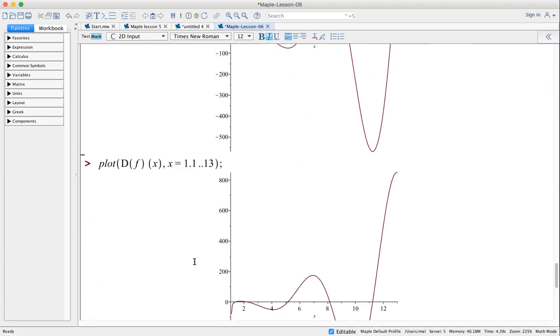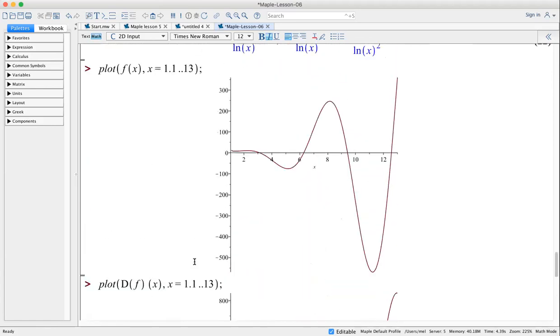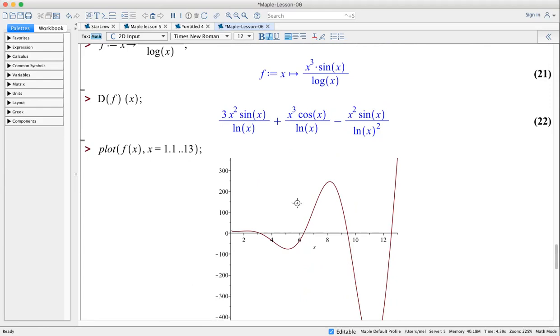Of course, if you look at the function for a moment, here's the function. Log x is positive for x bigger than 1. X cubed is positive, but sine of x is 0 at pi. So this first zero of the function is at pi. This will be 2 pi, this will be 3 pi, this will be 4 pi, and so on.